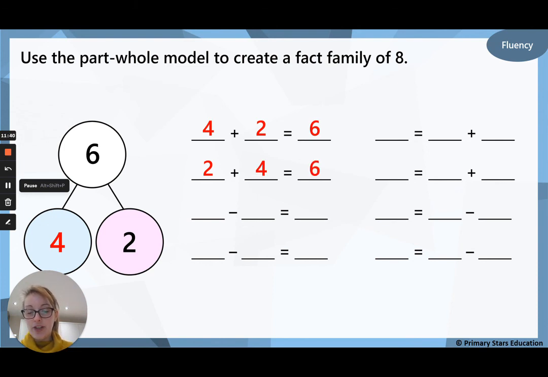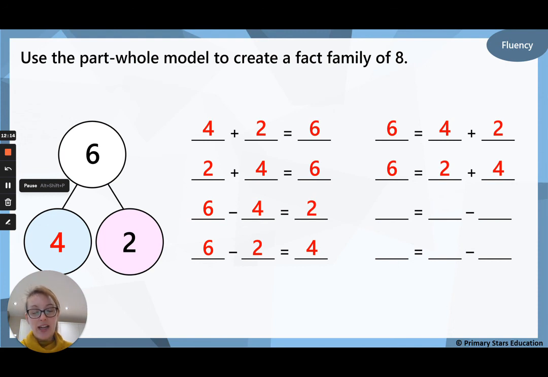Then our subtractions, so remember we start with our whole, so we should have had 6 take away 4 equals 2, and 6 take away 2 equals 4. Fantastic. Then let's have a look at how we can write them, swapping them around entirely. So the top one, 6 equals 4 plus 2, and we should have also had 6 equals 2 plus 4. Well done if you found those.